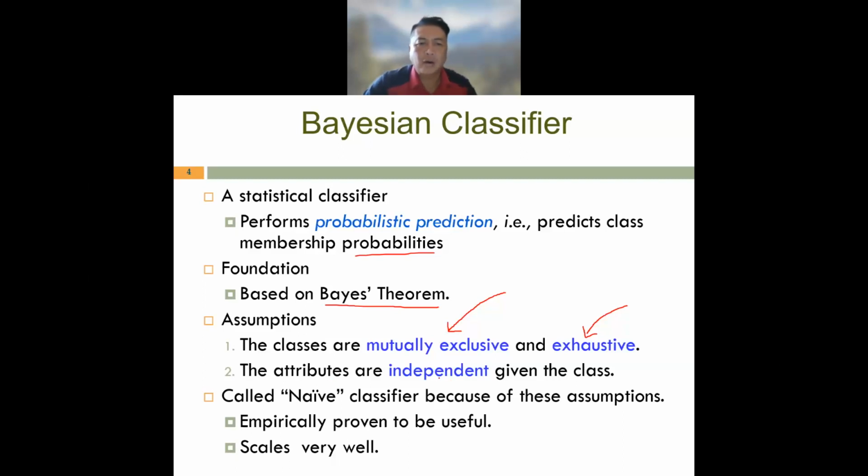They are called naive classifiers because of this assumption, and they are empirically proven to be useful and scale very well, meaning it can also be used for large data sets.